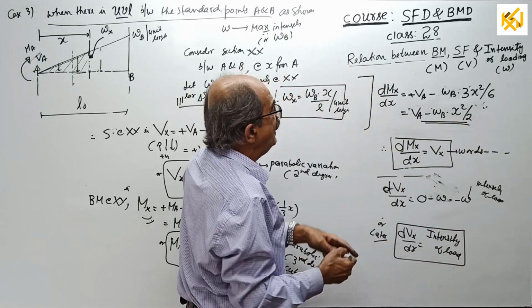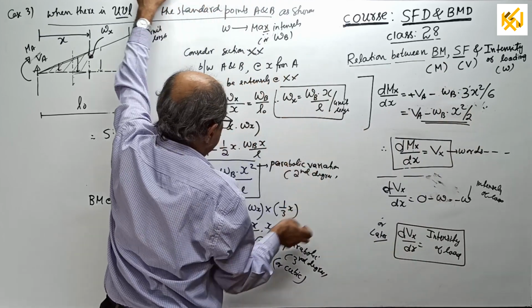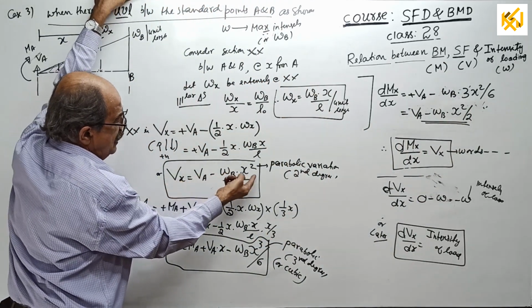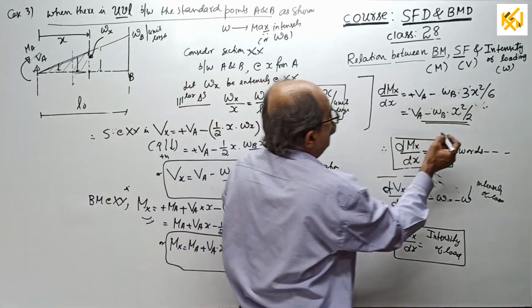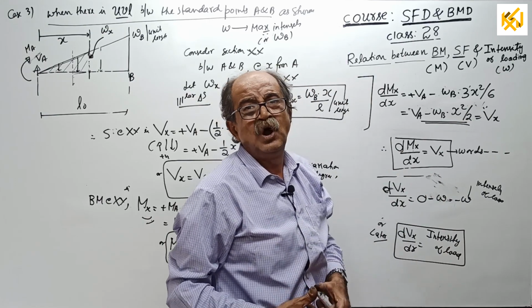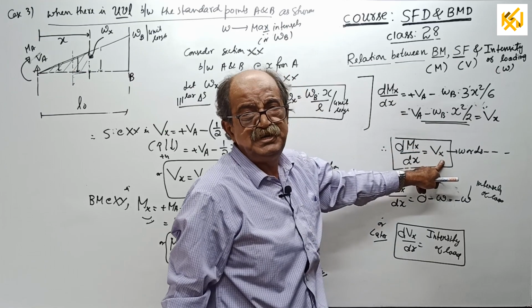Now observe correctly: VA minus WB into x square by 2 is nothing but the shear force Vx. Once again, same answer. That means here also you got the same relation, rate of change of bending moment equals shear force.